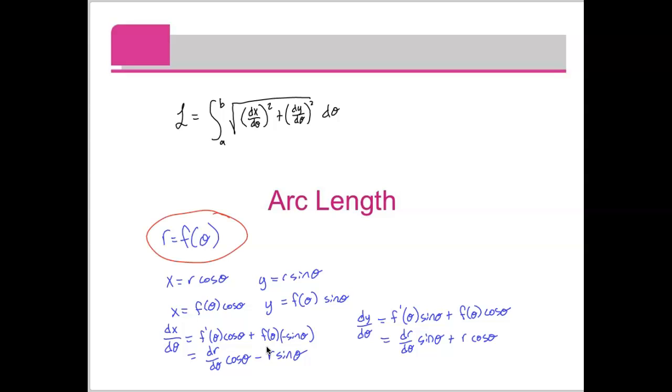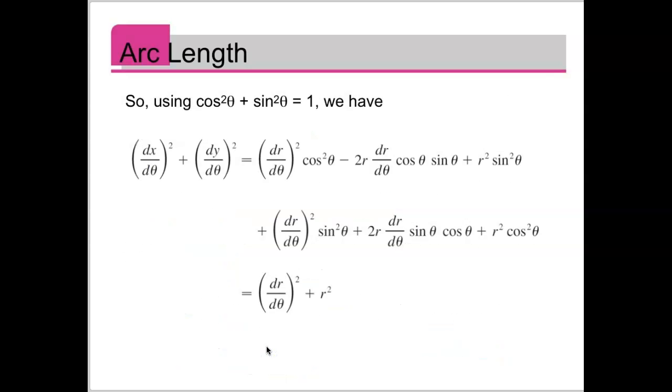So what I'm going to do is use our equivalence. So this is dx d theta, and this is dy d theta in terms of r and theta. And I'm going to do some algebra. So I'm going to add those two to get what should go underneath the square root in terms of r and theta. I'm not going to make you guys do this by hand. You can kind of just trust me on the algebra here.